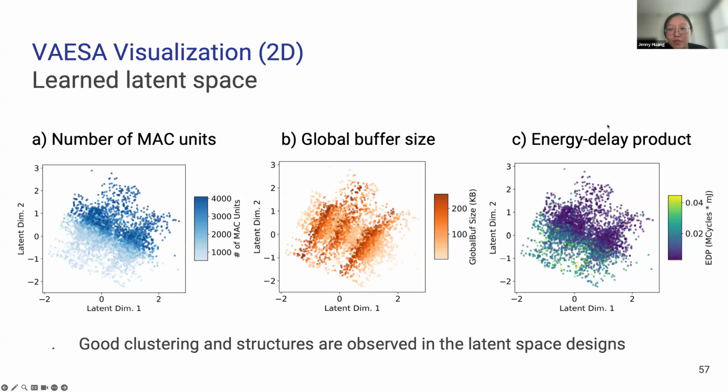The last figure shows how designs with different EDPs are organized in this 2D space. We can see good clustering and structure in this plot. The last figure specifically shows that by adding the predictor in the VAE pipeline, we can rearrange the designs in the latent space such that points with similar energy delay product get closer to each other.